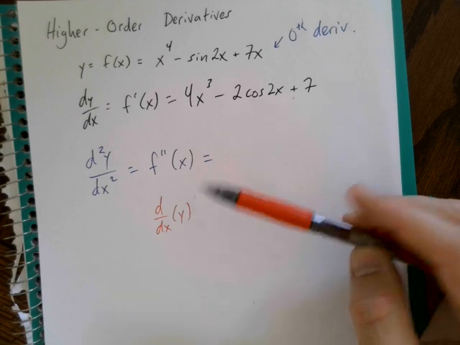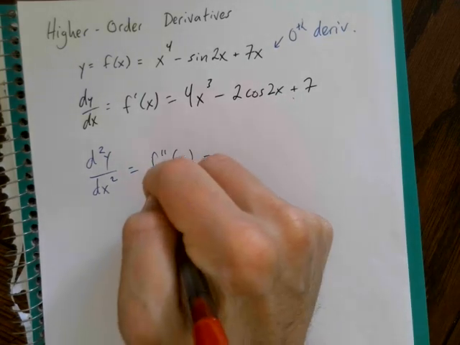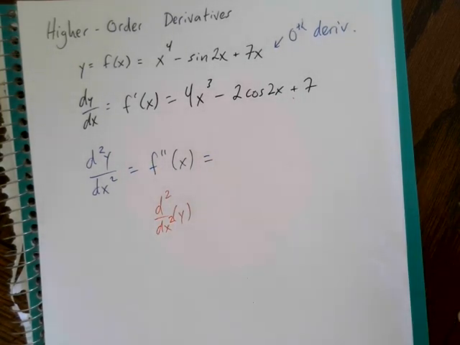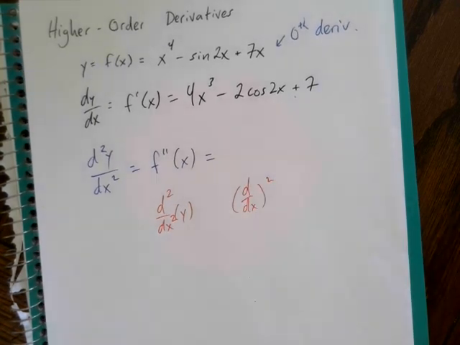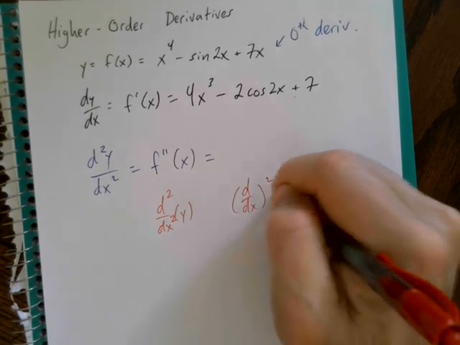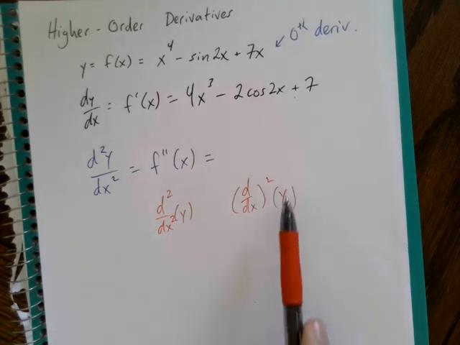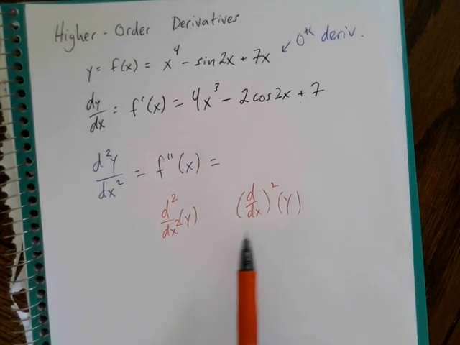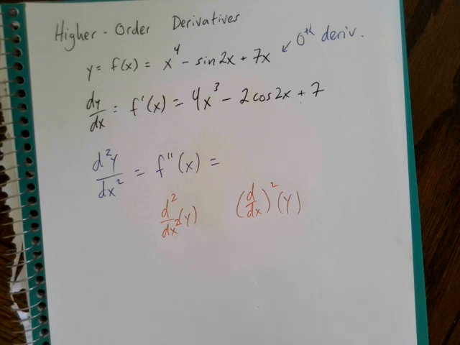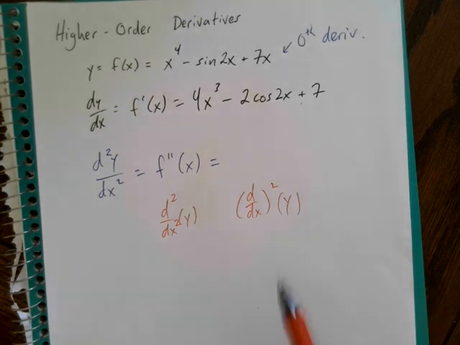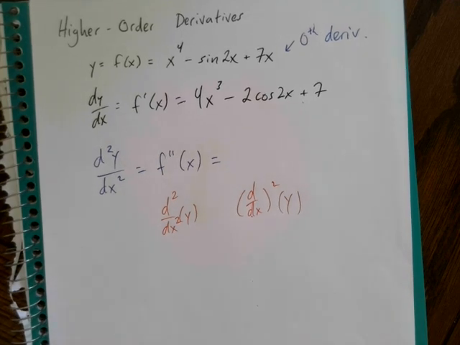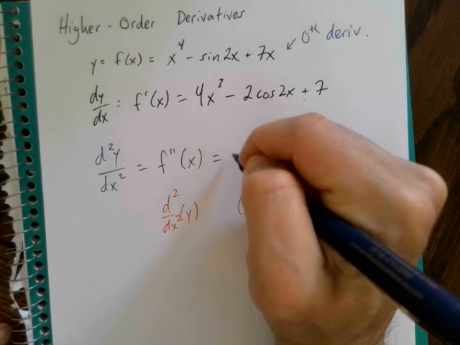When you do it twice, you're doing this operator 2 times to this function. So it's the second derivative of y with respect to x. So y is not squared because you're still doing it just to y, but the operator is squared because you're doing it 2 times. And it's actually really easy to find second derivatives.